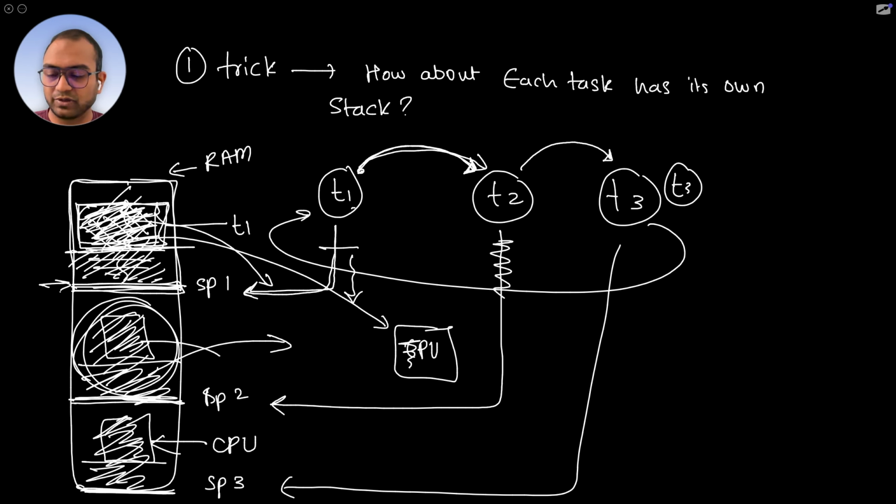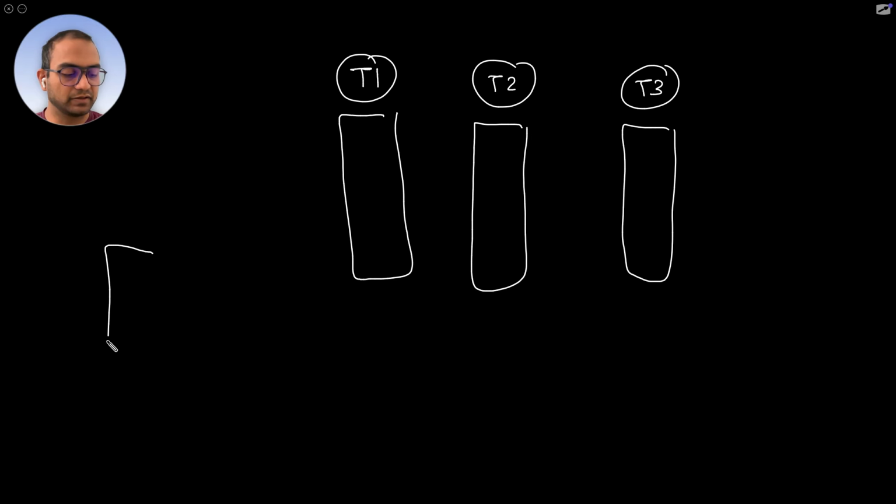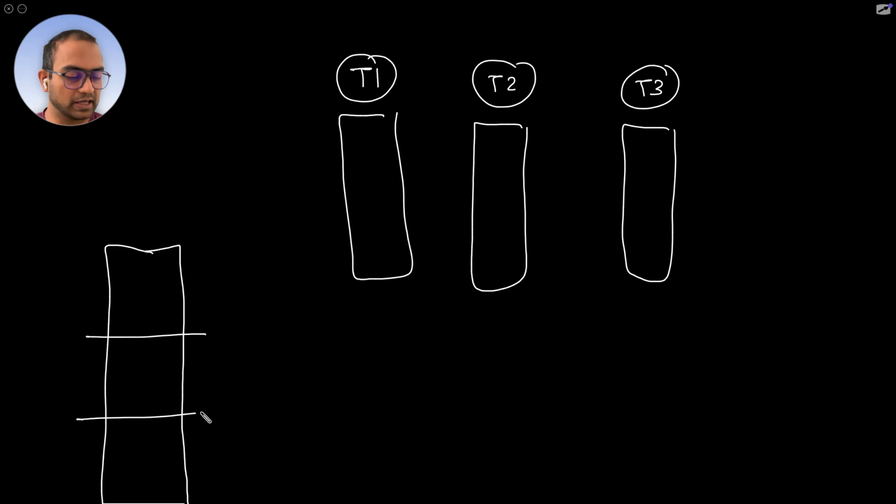But now here's the proposal. So we still have task 1, task 2, task 3, right? And let's say this is the code space memory. And somewhere we have 3 stacks. Let me call them S1, S2, and S3.